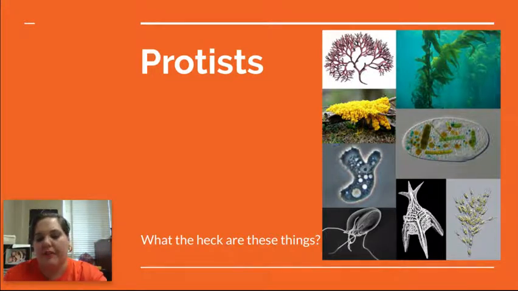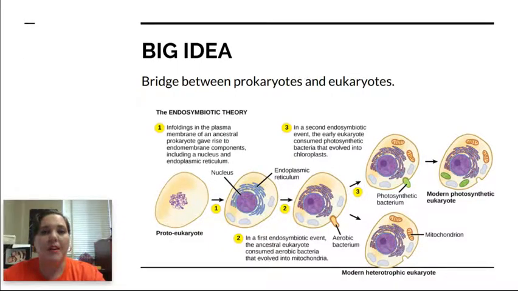What are protists? Well, the big idea for this chapter is that protists are basically a bridge between prokaryotes and eukaryotes. Remember when we talked about cell theory and the endosymbiotic theory? That's what this picture is showing you. Foldings inside the plasma membrane gave rise to endomembrane components like the nucleus and the endoplasmic reticulum.